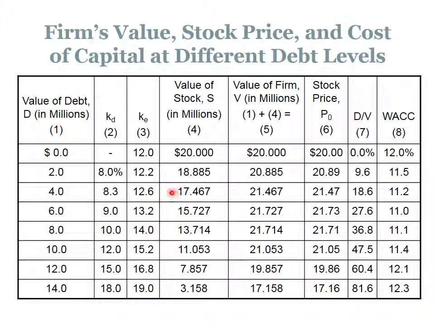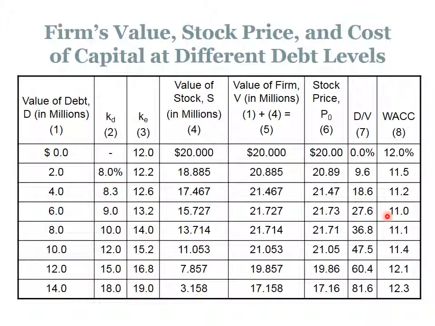Then we try it again at $6 million in debt and see what happens. Notice again that the weighted average cost of capital comes down a little bit more. And then at $8 million worth of debt, our weighted average cost of capital starts going up a little bit, and you see it continues to increase.